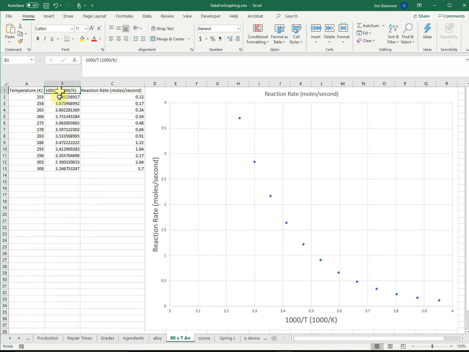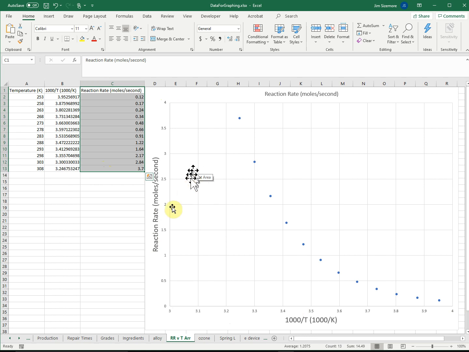So we expect that this is going to be exponential. This would be our x-axis data, and it's already plotted. This would be our y-axis data, again, already plotted. And if we modeled this as an exponential, everything ought to work out.